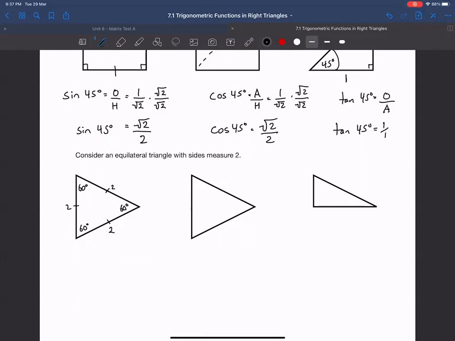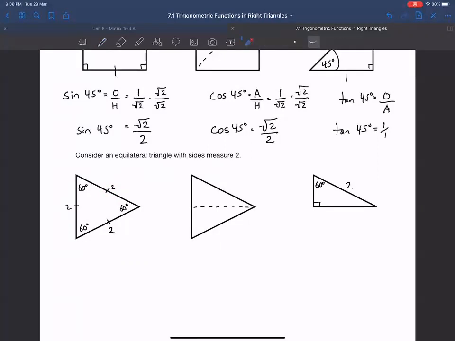And so what we're going to do right now is the same thing as before: we're going to take this triangle and cut it in half. And we'll look at, say, the top side. So what do we know about my top side? Well, we know the side length is 2, because my side length here is 2. And we know this angle here is 60 degrees. And by cutting it in half, we now have a 90-degree angle there.